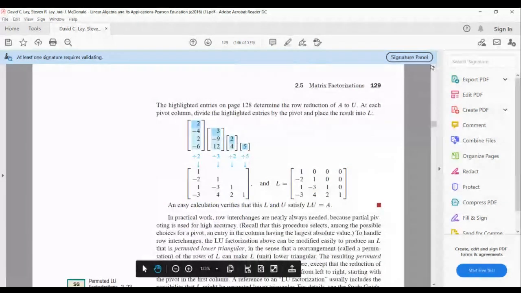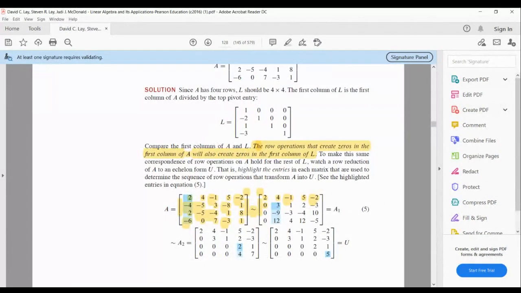They do row operations to produce, if we look here at the A1 in this statement 5 here, they did row operations, and it produced zeros in the first column of A. So they multiplied the first row by 2 and added that to the second row.